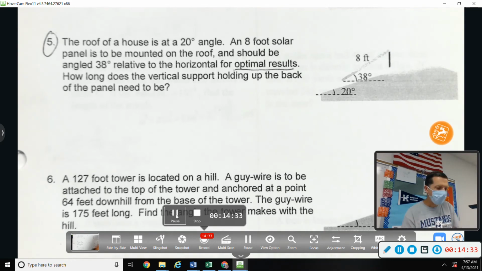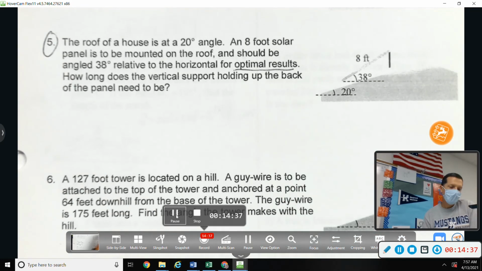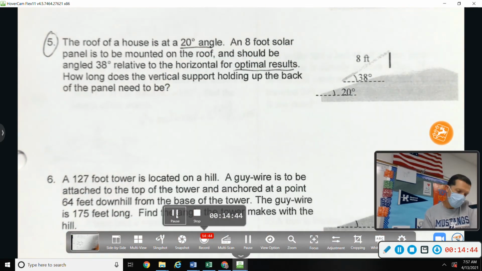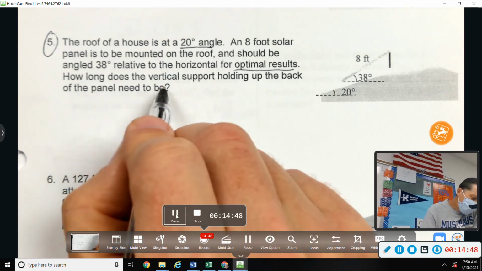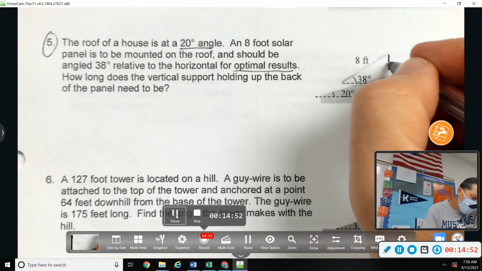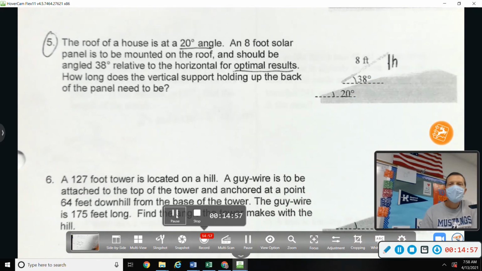And for this particular one, it needs to be 38 degrees from horizontal. I guess the tricky part is the roof is already 20 degrees. How long does the vertical support, so this piece right here, holding up the back of the panel, need to be?